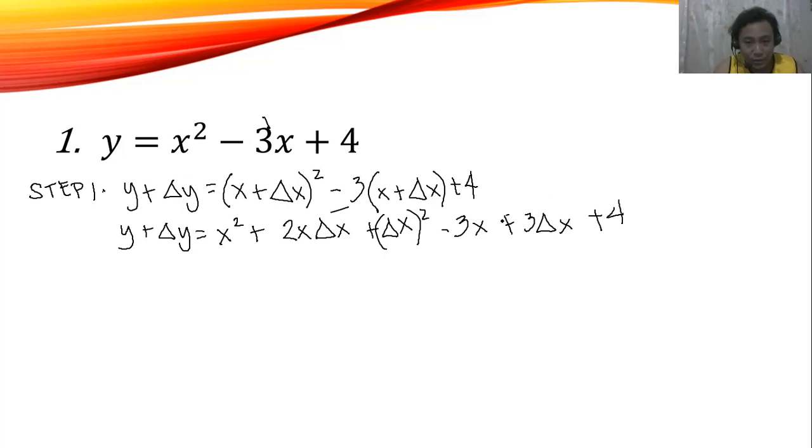Wait, minus here. Since we distributed negative 3, it is negative 3x and then minus 3 delta x. Here we have 2x delta x. Remember that x and delta x are different variables. We cannot make it delta x squared because it is x times delta x, right? Not like that.